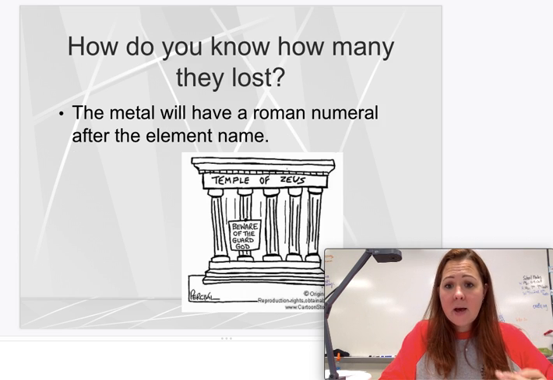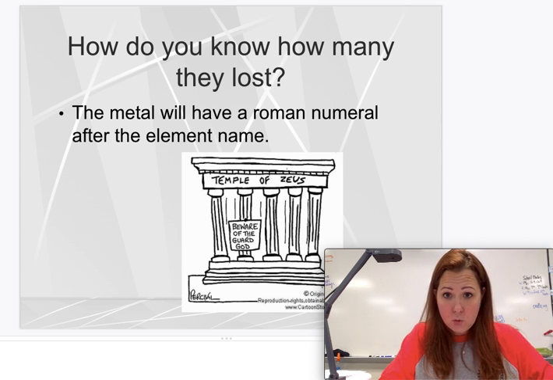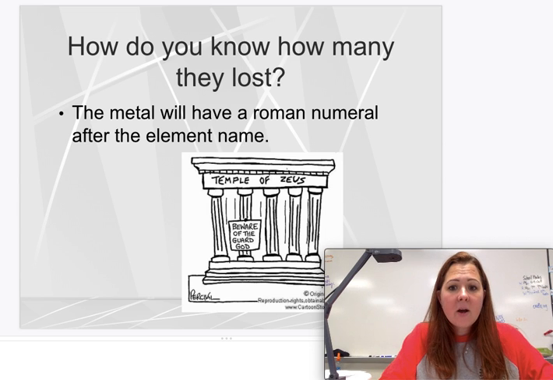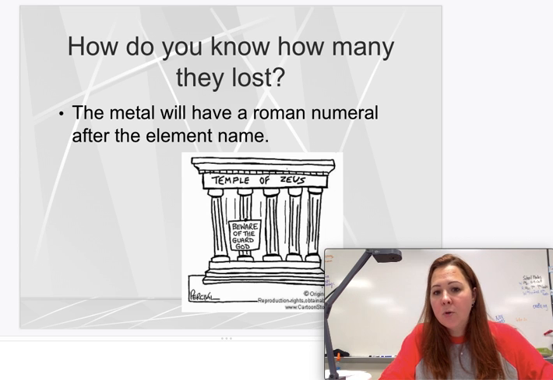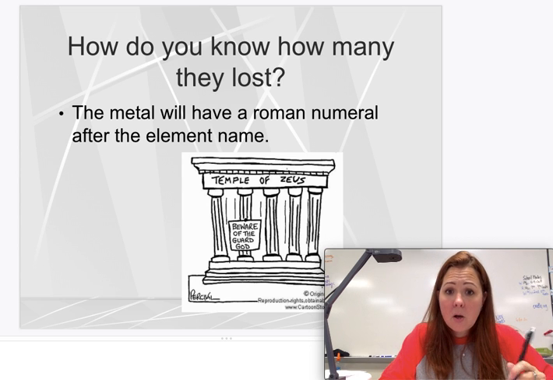So because of that, when we name them, we have to name them using what's called a Roman numeral. Your Roman numerals, you're going to have to know. They are numbers 1 through, usually about 8 is about all that you need to know in order to get through your nomenclature for this unit. But your Roman numerals, you're going to tell the charge of the element that you're dealing with.